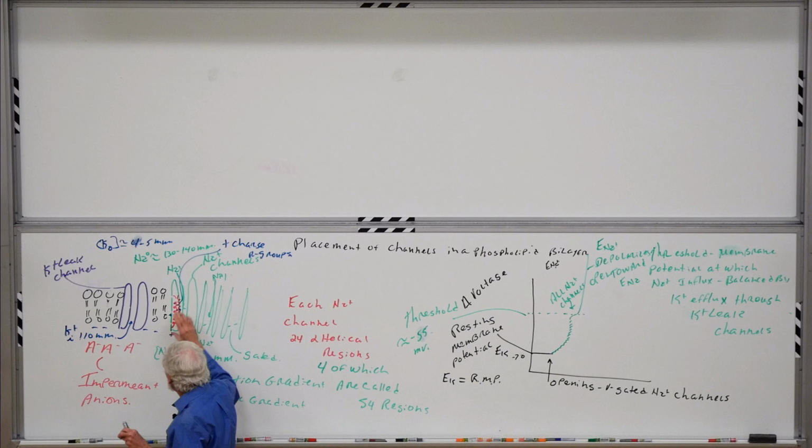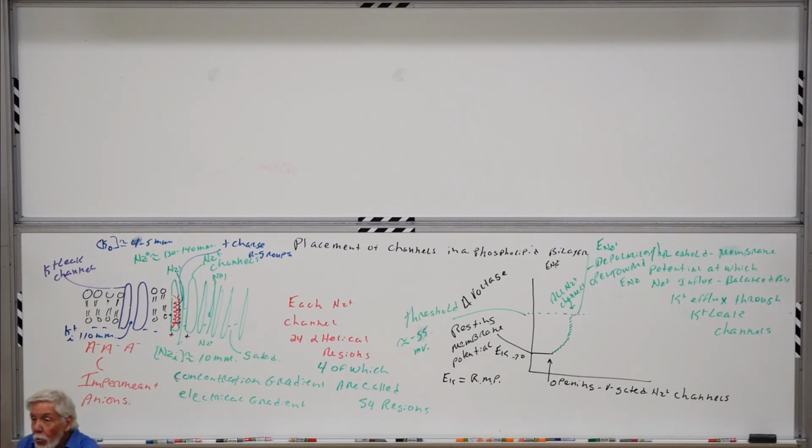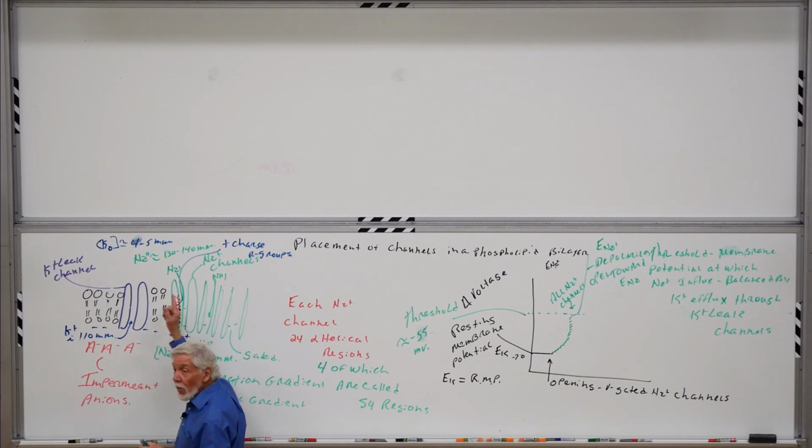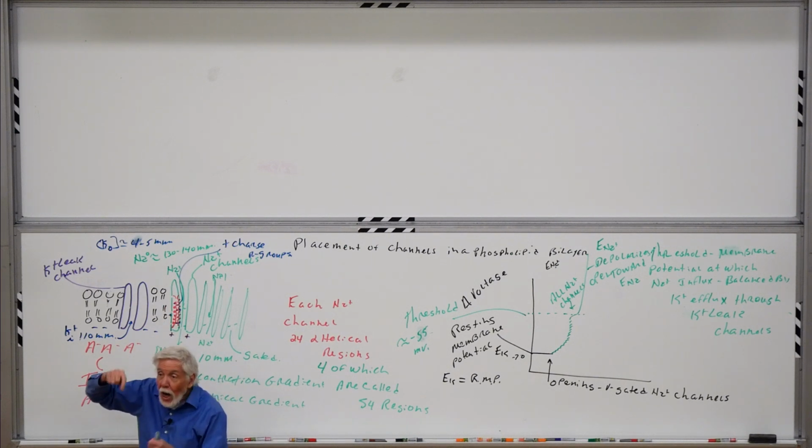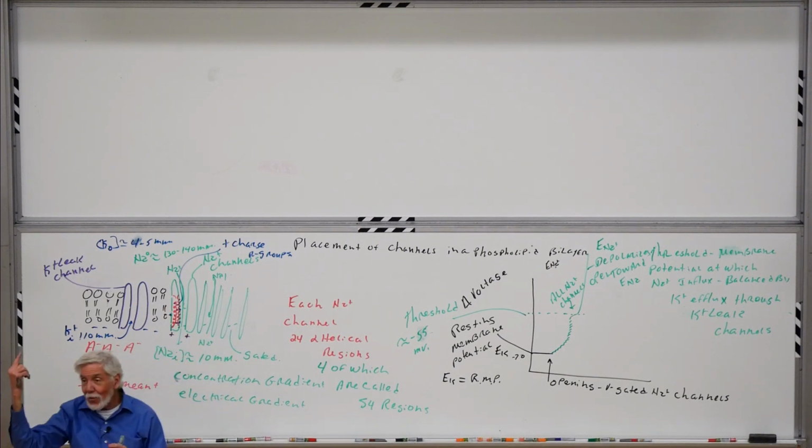All it's going to do is, just as when you take two south poles of a magnet and bring them close together, they start to repel. This positive charge on the sodium will cause the positive charges on the alpha helix to be repelled away from that positive charge. And as they're repelled, then they move just a little bit and they come to a more comfortable position with neighboring negative charges.